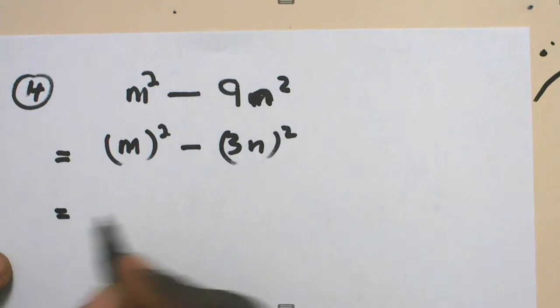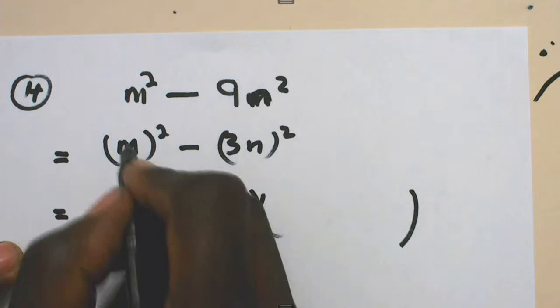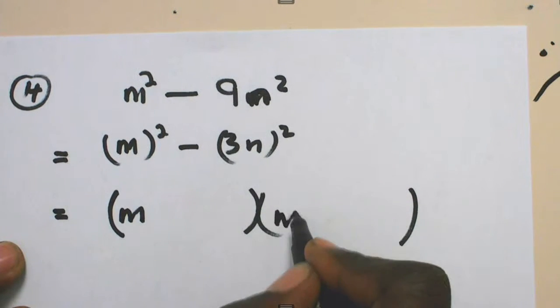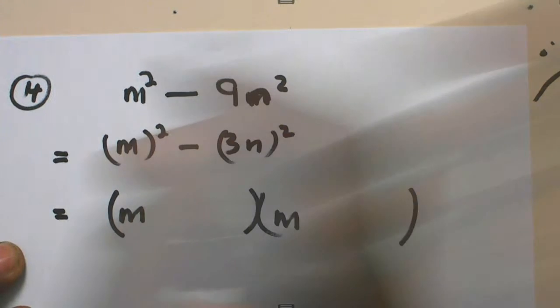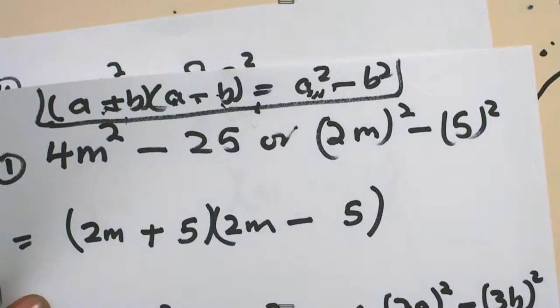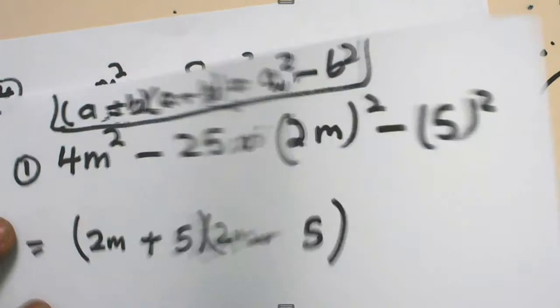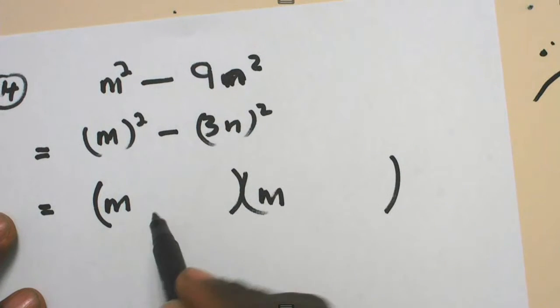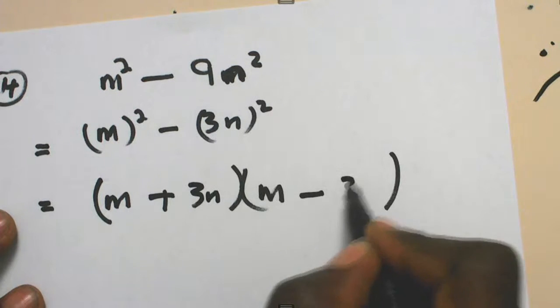Now for the factors, you have to put 2 brackets, and then the m and the m. Because we're using this notation, we will have positive and negative 3n.